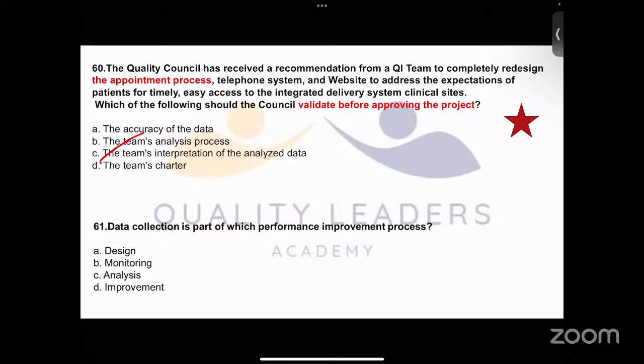Number 61, data collection is part of which performance improvement process? A, design, B, monitoring, C, analysis, D, improvement. Okay, data collection is done during B, monitoring, as it tracks performance after the implementation.